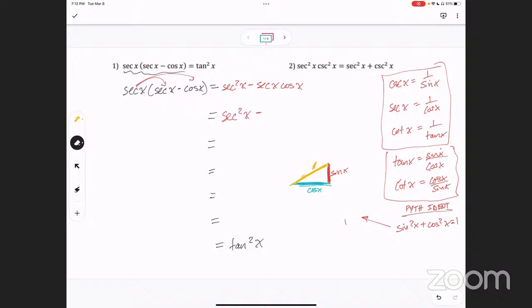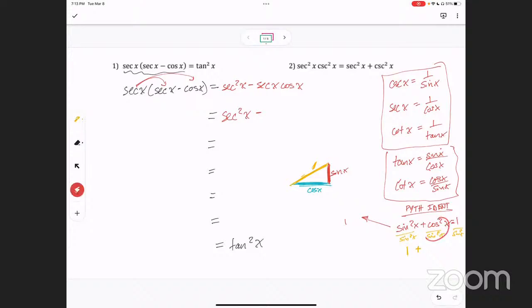Now, here's the cool thing. If I divide everything by sine squared, watch what I get. See how I'm dividing everything by sine squared? What's sine squared over sine squared? It's 1. What's cosine squared over sine squared?